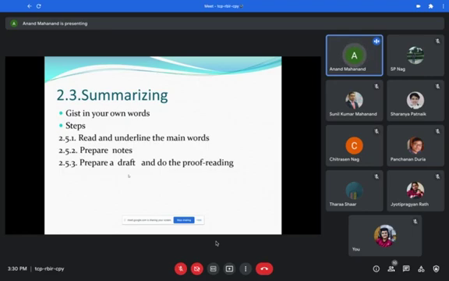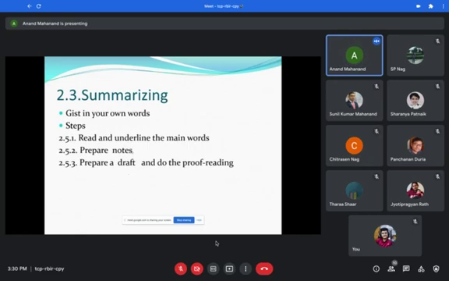So, under writing, we have something called summarizing. And that is another aspect of writing. Summarizing means gist in your own words. You are writing the gist of the text in your own words. And there are steps that will help you to summarize the text in a better way.